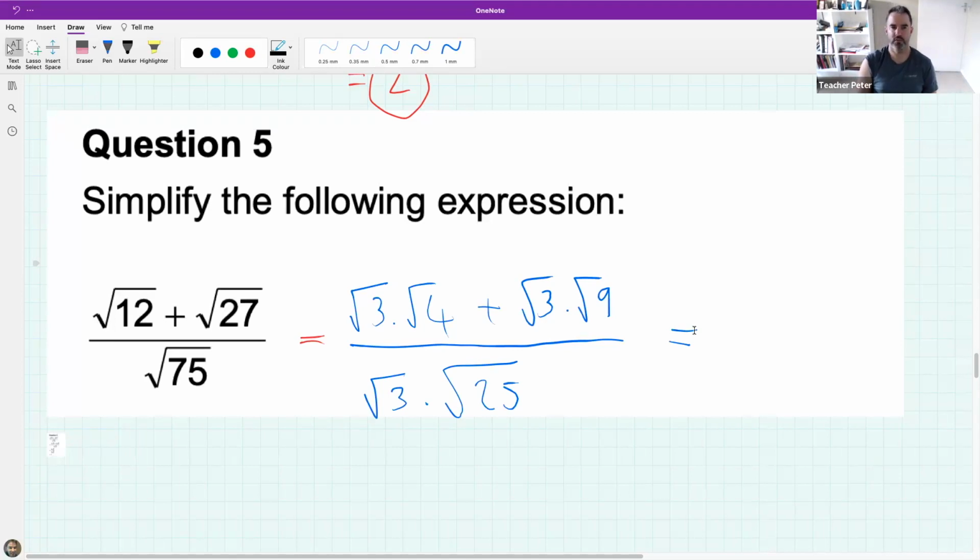What's my answer going to be for this one? Remember, no calculators.